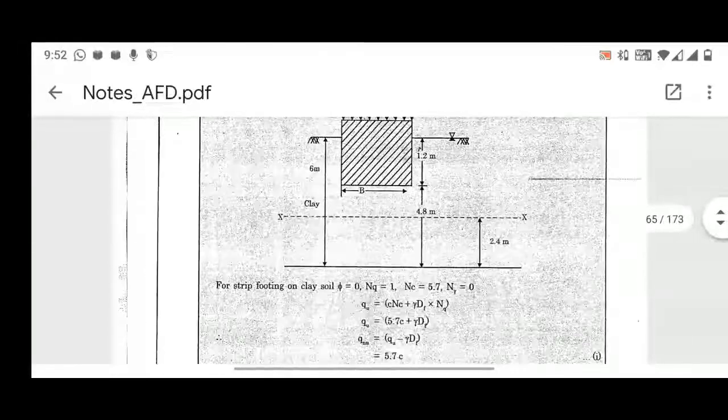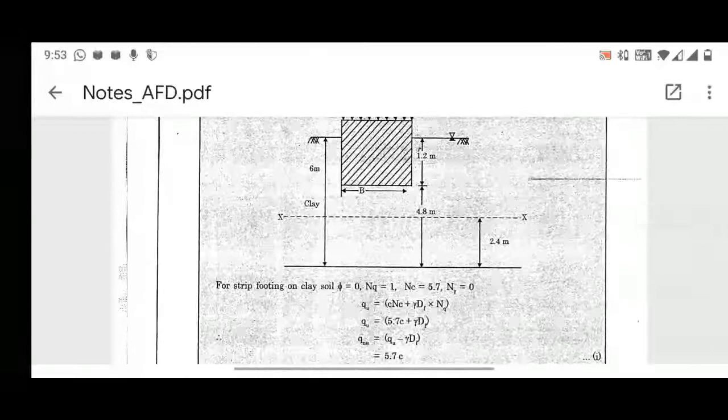Now, for the strip footing on a clay soil, we know that for clay soil the angle of internal friction is equal to 0. So for phi equal to 0, once you look at the Terzaghi chart, you will find that NC is equal to 5.7, NQ is equal to 1, and N gamma is equal to 0. You can obtain the ultimate bearing capacity from Terzaghi as C NC plus Q NQ plus half gamma B N gamma.